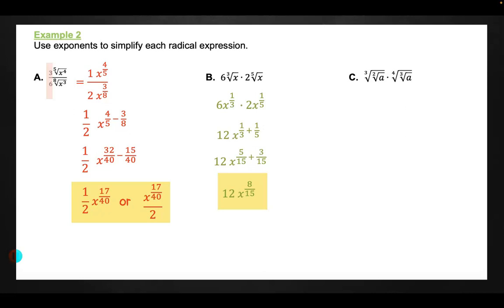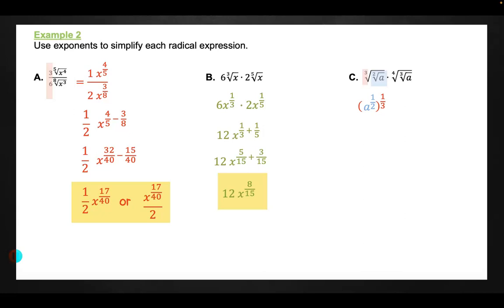Okay, in letter C, you notice I've got roots within roots. So I'm going to start from the inside. The very first I'm going to look at is the square root of a, which is really a to the 1/2 power. Now notice that you still have that index of 3, that other root, so that is going to be the 1/3 power.